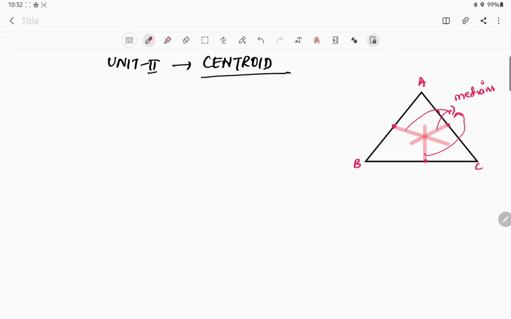These three lines are medians, and this center location where they meet is said to be our centroid. So this is nothing but our centroid.